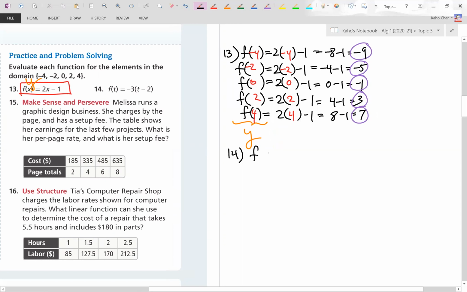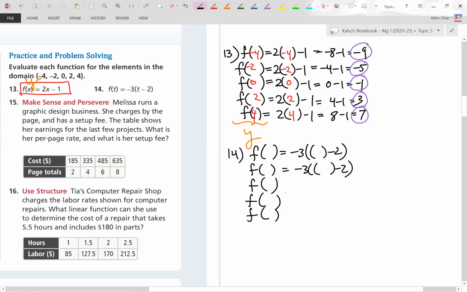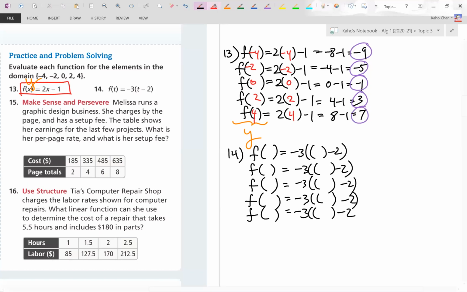Oh, they don't use x's, they're going to use t's, kind of interesting. Again, we're going to put in 5 domain values, and they are, of course, -4 through +4.